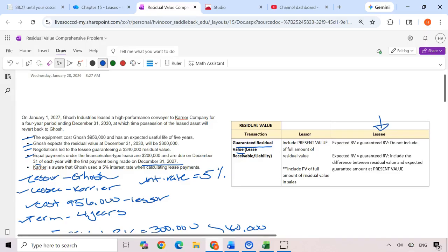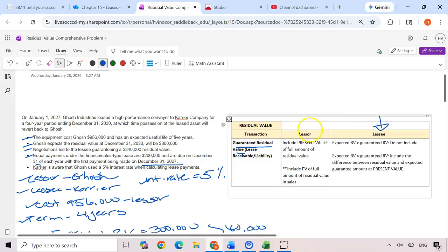For the lessee, the question is, do you include the present value of the residual value into the lease liability and right of use asset amount when we first get into the lease? If the expected residual value is greater than the guaranteed residual value, then we do not include it.